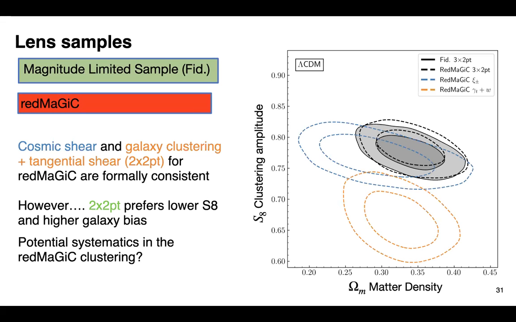However, when you split the RedMagic analysis into the two constituent parts, the cosmic shear and the galaxy clustering plus tangential shear, the 2x2, that internal tension appears to lessen somewhat.